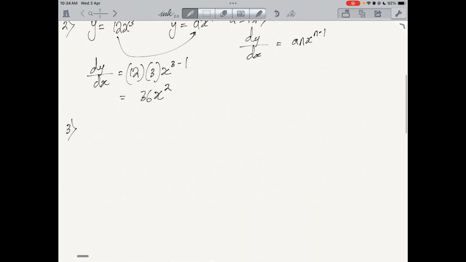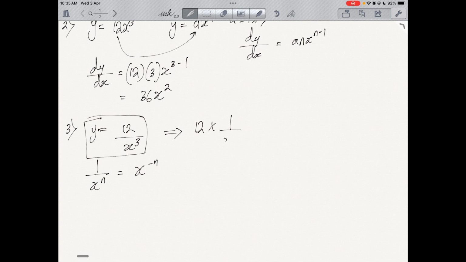Next example, we have y = 12 over x^3. Now we can change this into standard form because according to the law of indices, 1 over x^n is equal to x^(-n). Now y = 12 over x^3 can be written as 12 multiplied by 1 over x^3.